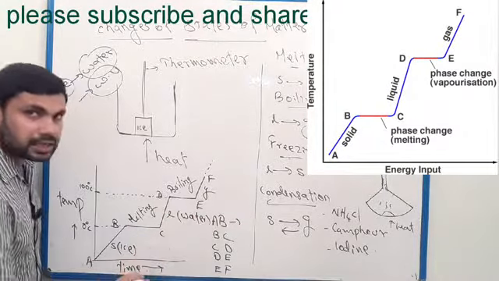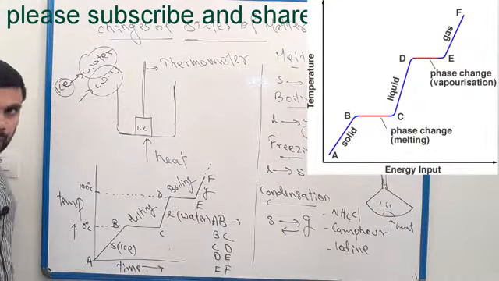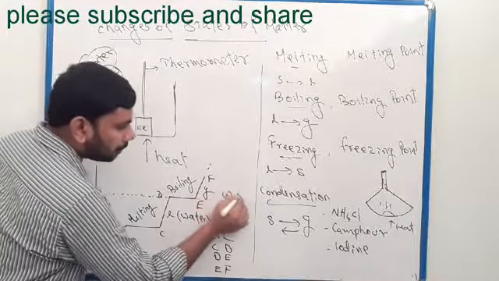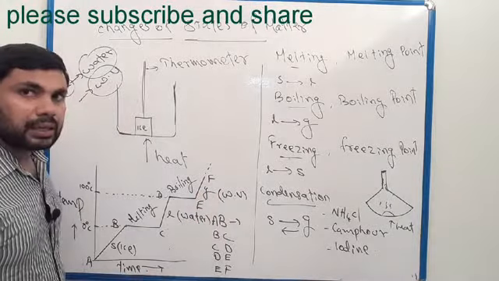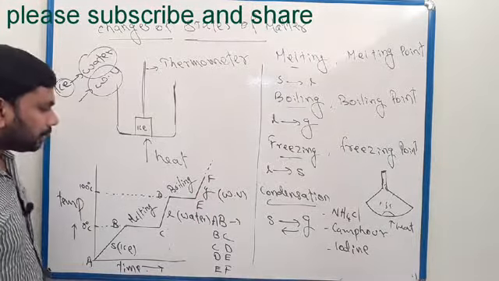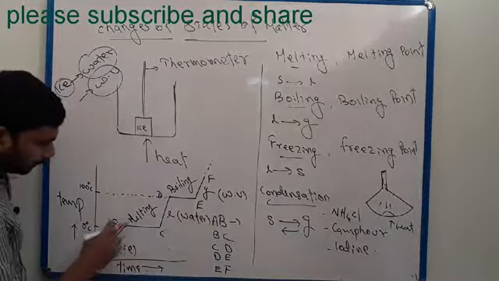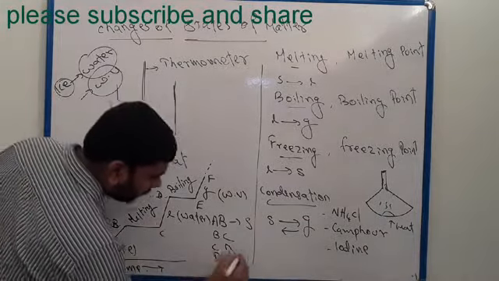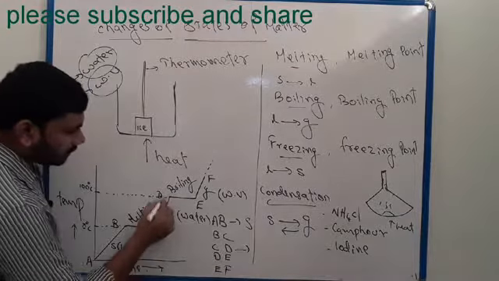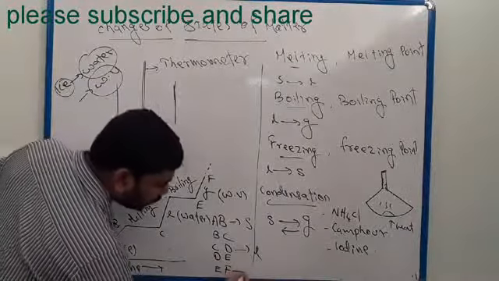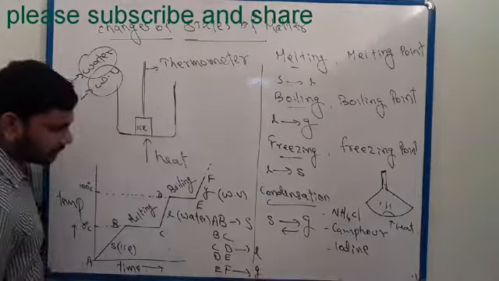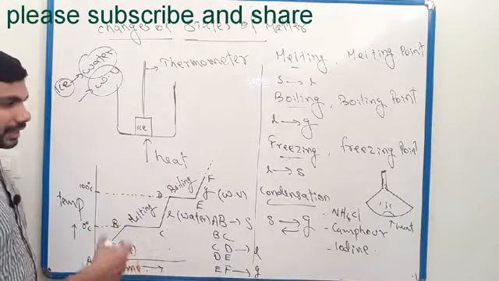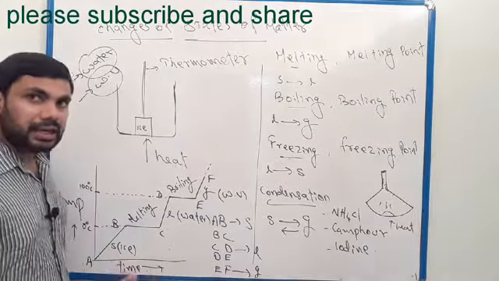After heating, ice changes to water. Again heating water changes to water vapor. Gaseous state means water vapor. So this I am showing here: A to B solid state, C to D liquid state, E to F gaseous state, finally water vapor.